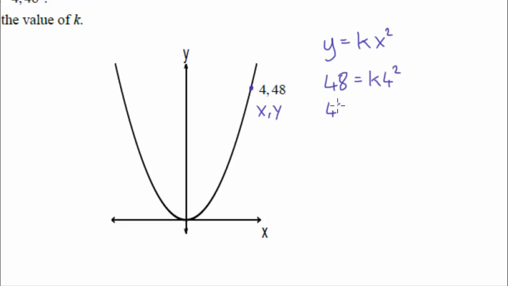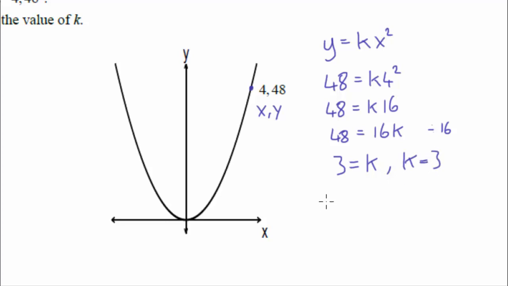So 48 equals 16k. You want to work out what k is, so you divide both sides by 16. 48 divided by 16 is 3, 16 divided by 16 is k, so k equals 3, and y equals 3x squared.